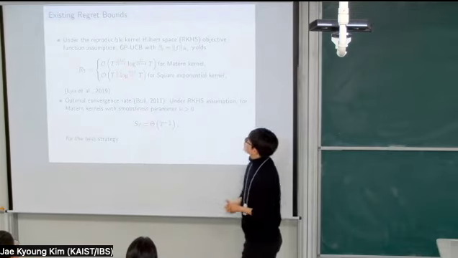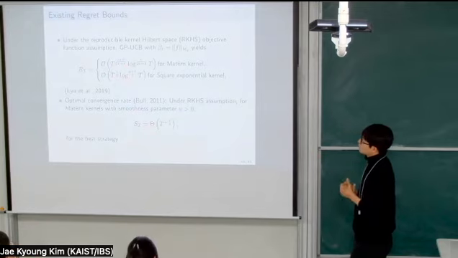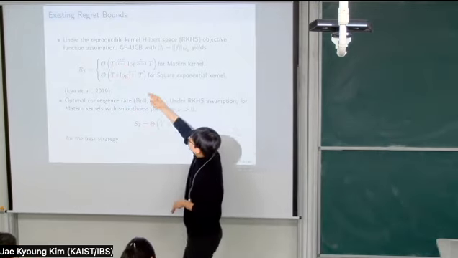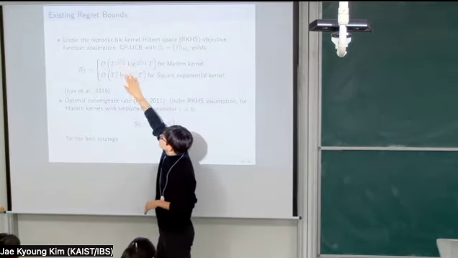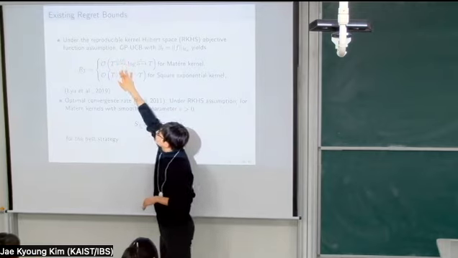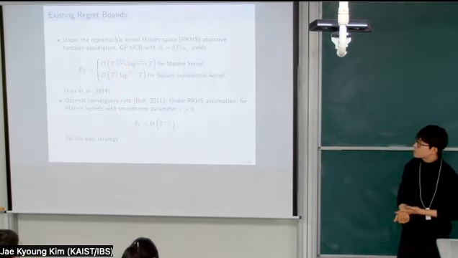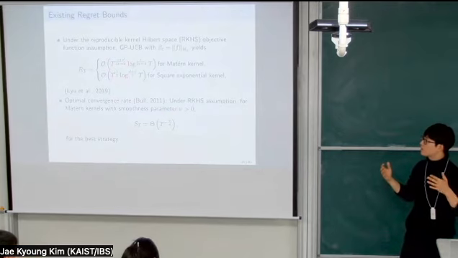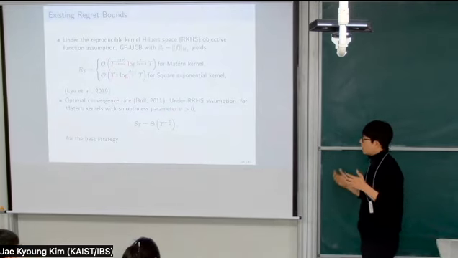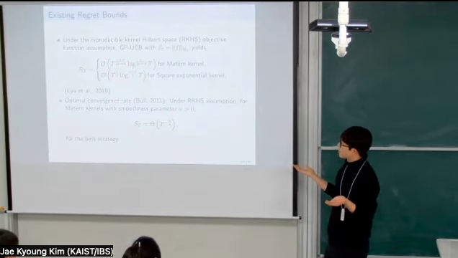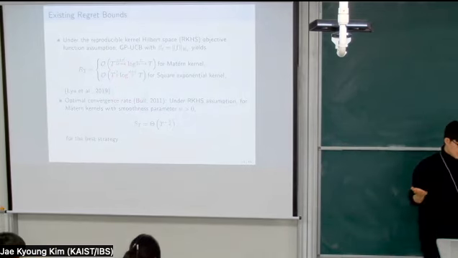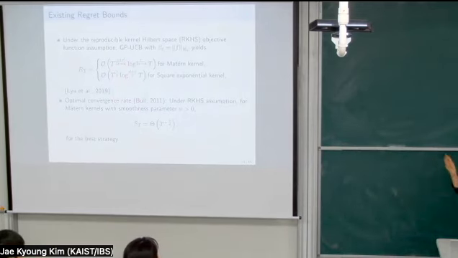But for small nu, the rate suffers because it will be almost linear, and of course the convergence will be slower. So the upshot is that if you want to optimize a smooth function, you will have a faster rate. But if you want to optimize a function in a high dimensional space, the rate will suffer.